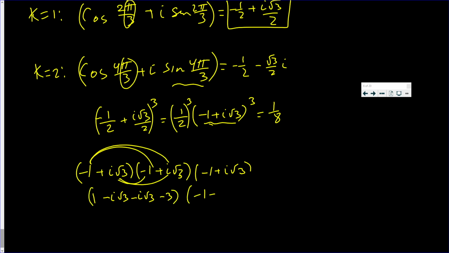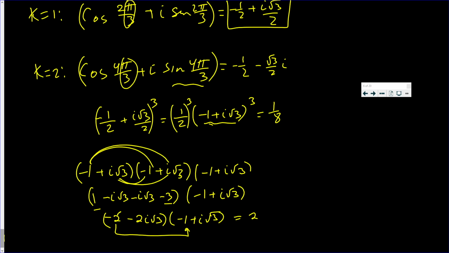And I multiply this by this. What I get is 1 minus 3 is negative 2, minus 2i square root of 3, times negative 1 plus I square root of 3. Negative 2 times negative 1 is 2. Negative 2 times I square root of 3 is negative 2I square root of 3.